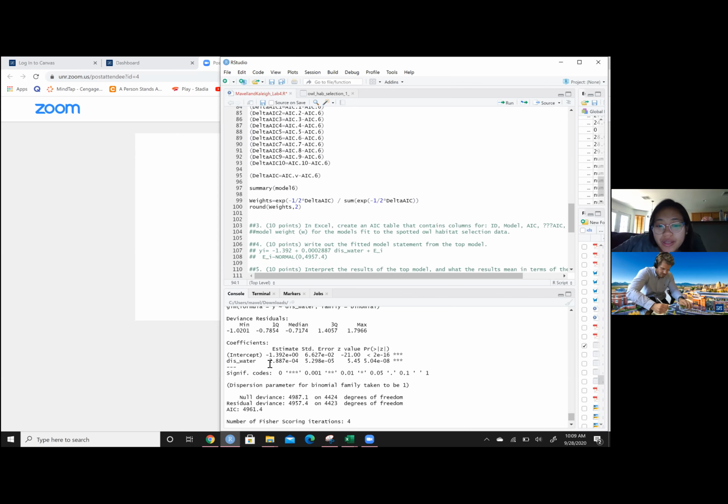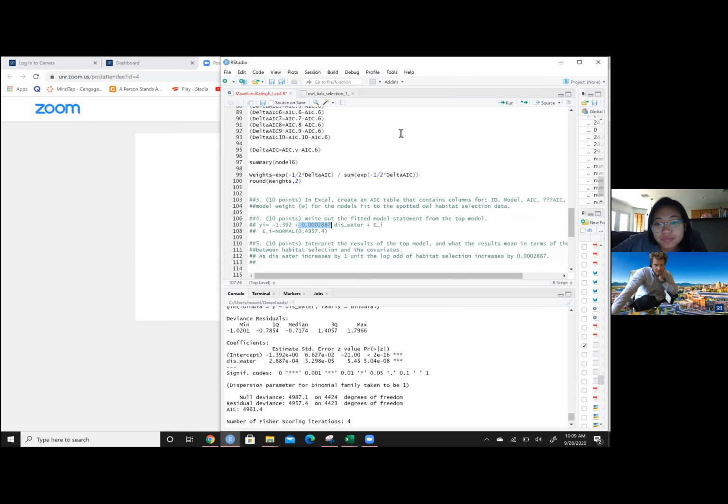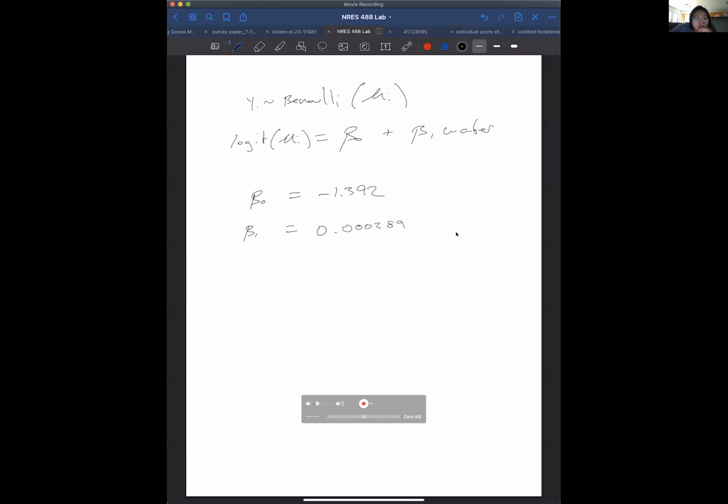So that's how you read it, right? Because it says 2.887 times 10 to the negative 4th. Yeah, so you have to move that decimal place 4 spots over. Well, that's correct. Yep, that's right. Okay. So here's your model right here.